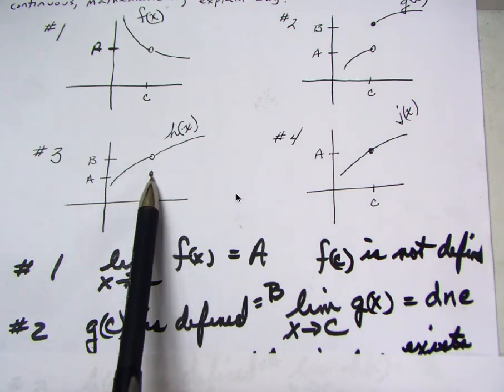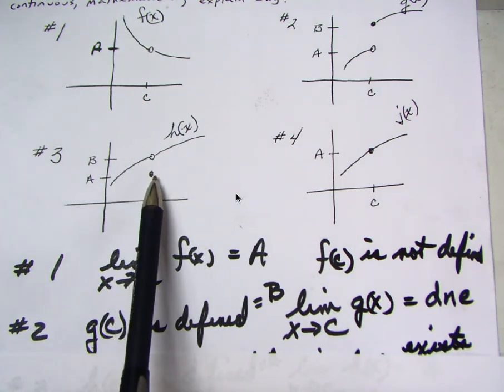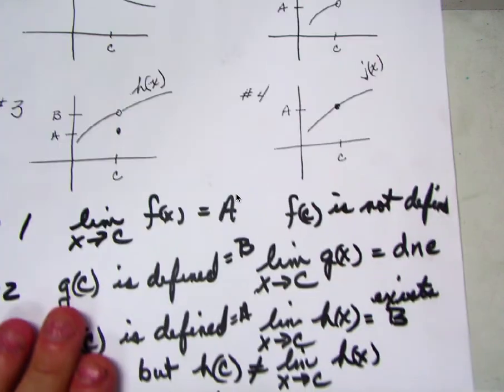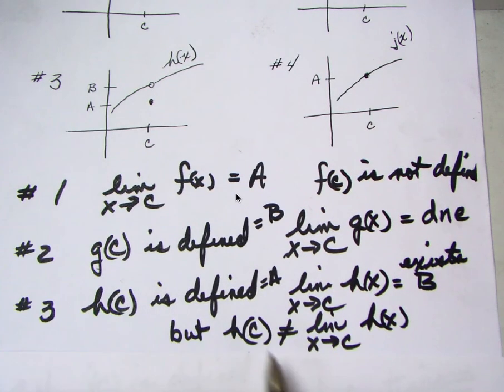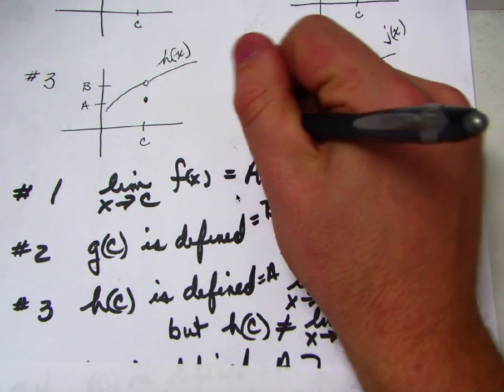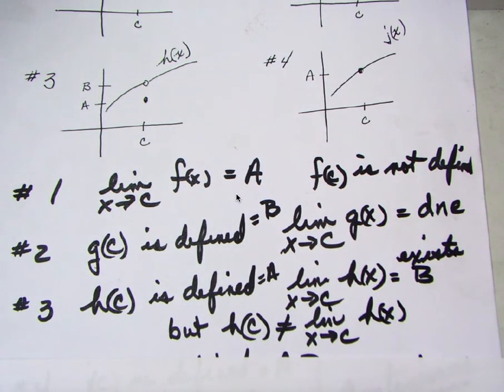Here, the function exists at c, the limit exists as x approaches c, but make sure you stated this appropriately. h of c does not equal the limit of h as x approaches c. We have to get comfortable writing notation. Don't just write out the limit does not equal the function or things like that. You have to use appropriate mathematical notation. h of c does not equal the limit of h as x approaches c.